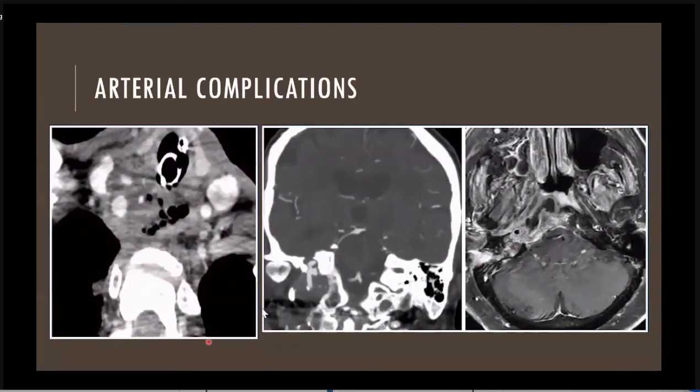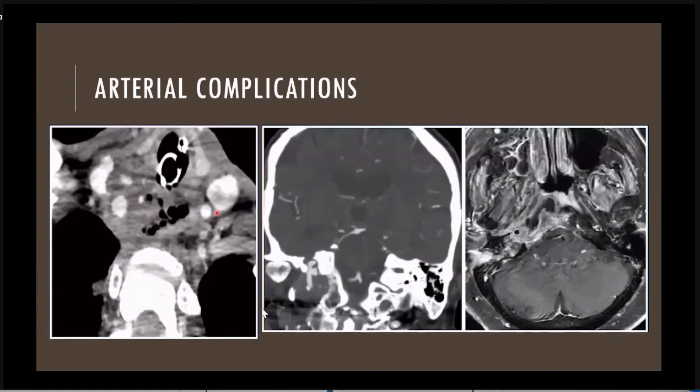Other vascular complications will be arterial complications. Here is an example of an esophageal perforation with extensive inflammation in the adjacent soft tissue. It is very important to note that the right common carotid artery here is markedly narrowed compared to the left common carotid artery. This could be either due to vasospasm or arteritis.